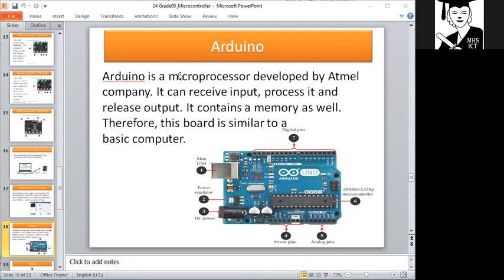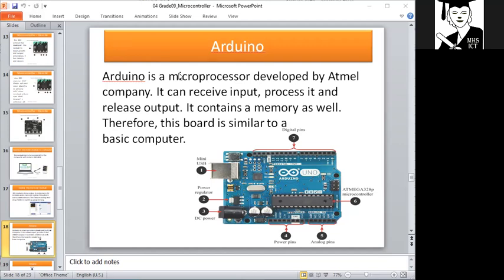Therefore, there are a lot of students who use this Arduino board to develop things like candles, torches, to make lights very nicely. Two years back we had an exhibition in our school.